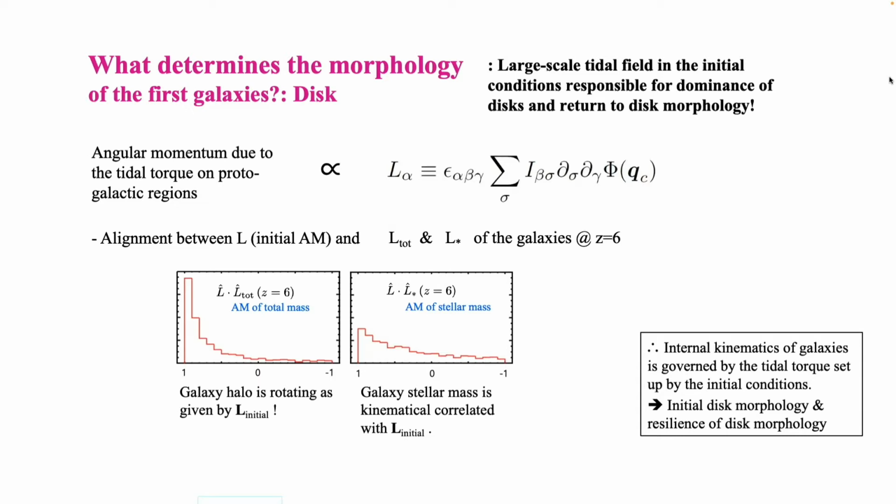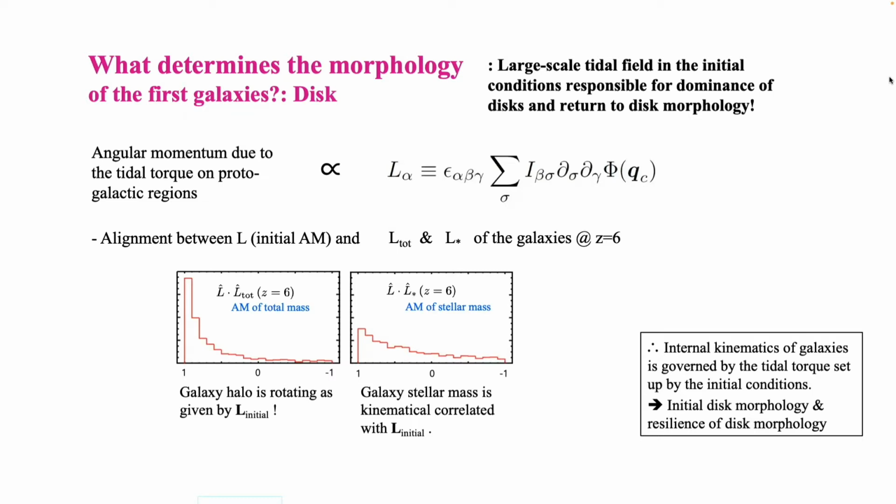So we looked at redshift 6 and calculated the angular momentum vector of the total mass and the angular momentum vector of the stellar mass, and found there is a very tight, strong correlation between the initial angular momentum and the angular momentum of the total mass, which is dominated by dark matter. Okay? The correlation with the stellar component was weaker, but still there's quite a good correlation.